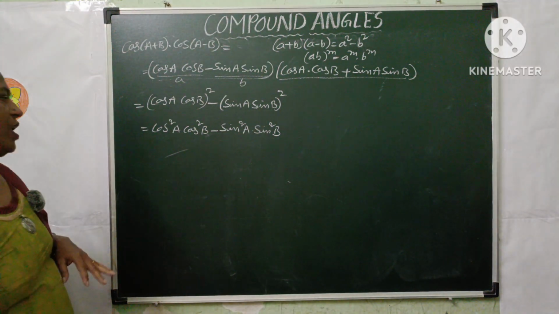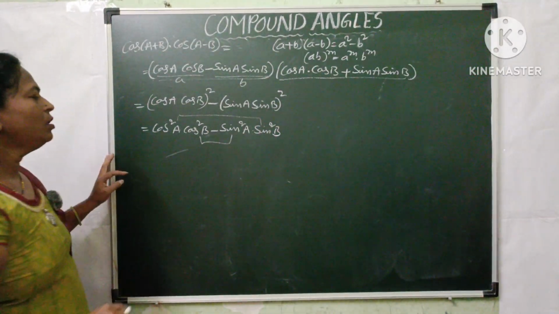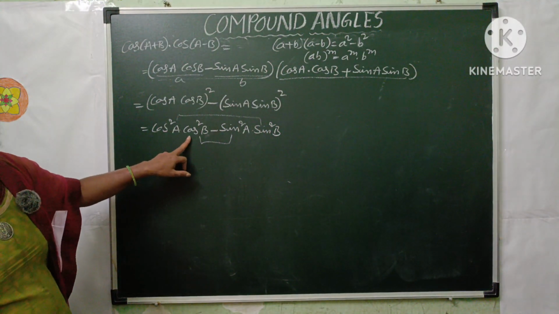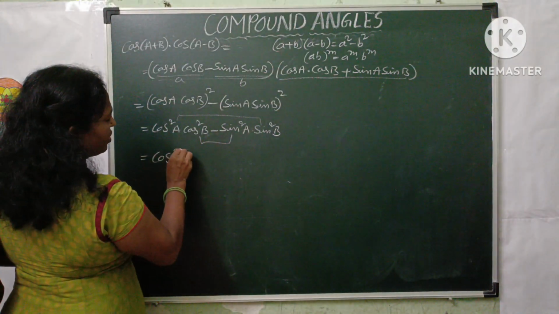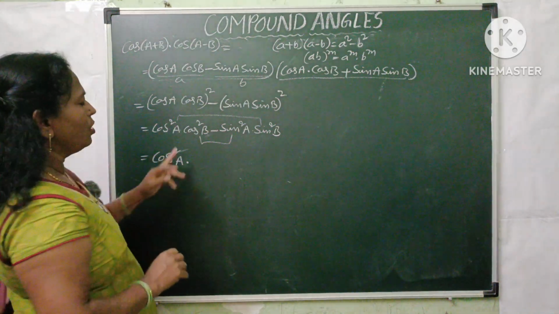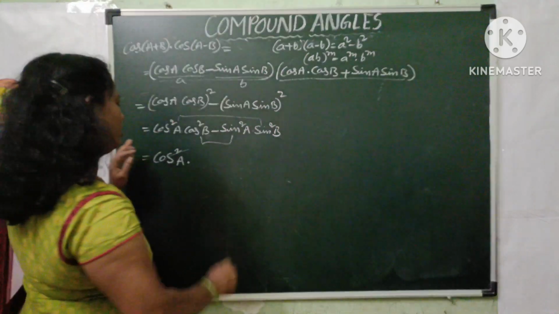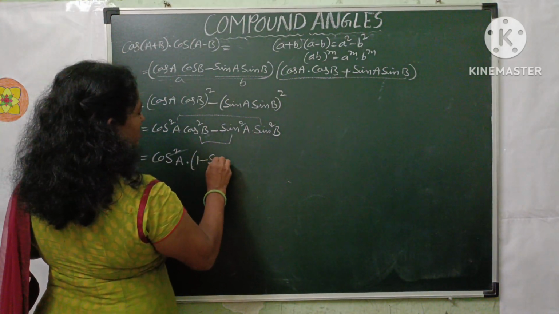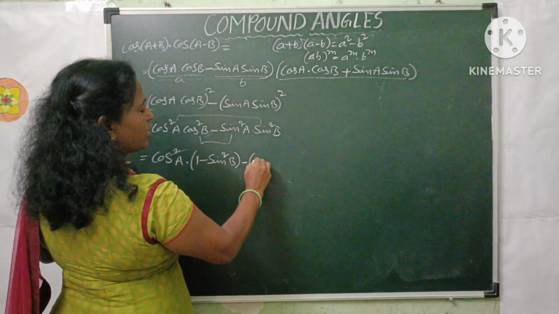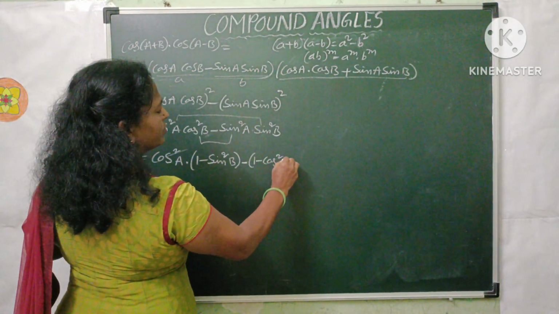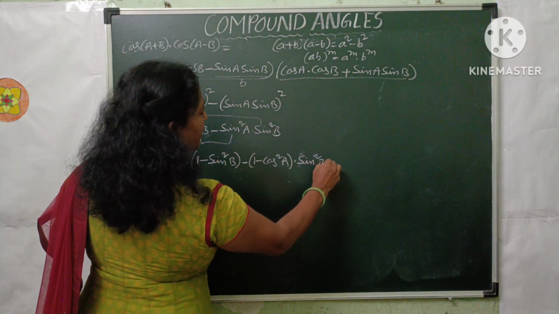Here also same thing. We have to change these two ratios or these two ratios. First we change b: cos square a into, here cos square b is 1 minus sin square b, minus, here sin square a is 1 minus cos square a, into sin square b.